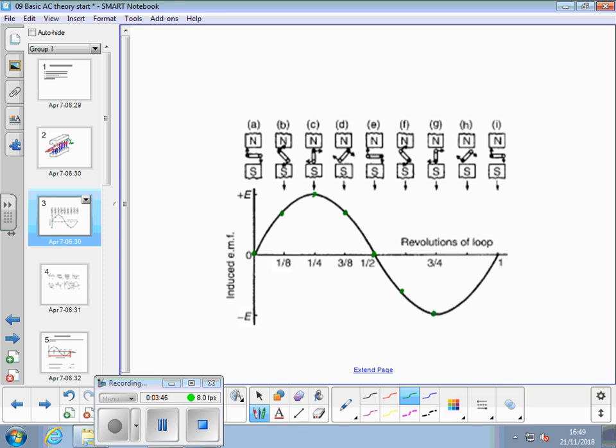So we get these data points from each of those positions. And if you join up the dots, you've got a sine wave. It's got a positive peak here and a negative peak there. There's a period of time, which can be in seconds, or it can be an angle in degrees or radians that we can express on that axis, because it's gone through one full cycle, 360 degrees, or 2 pi radians.